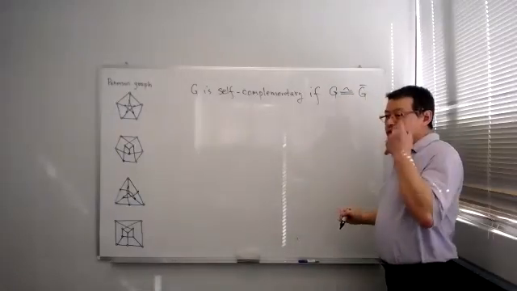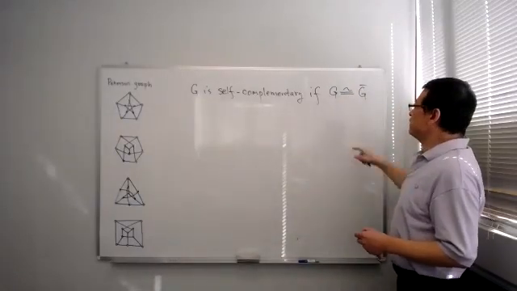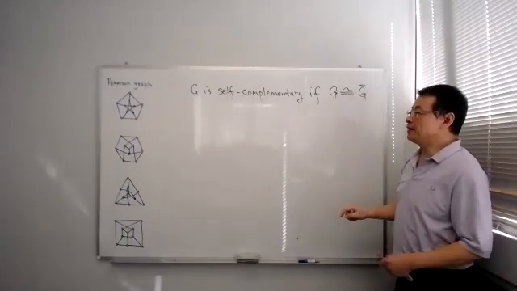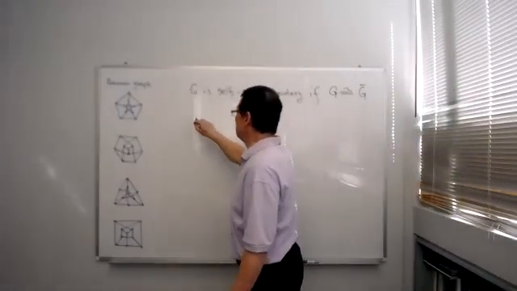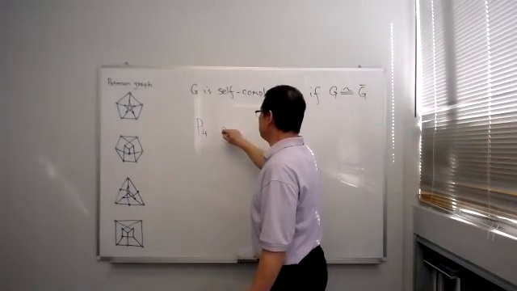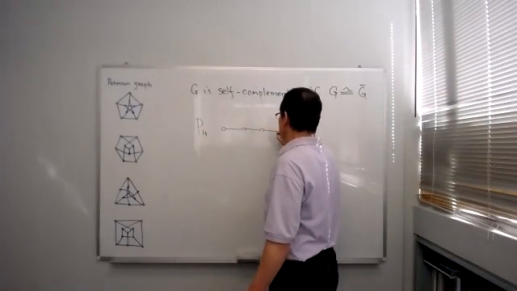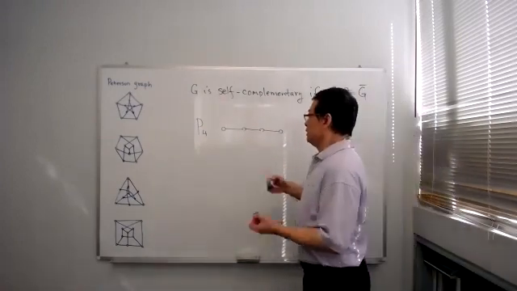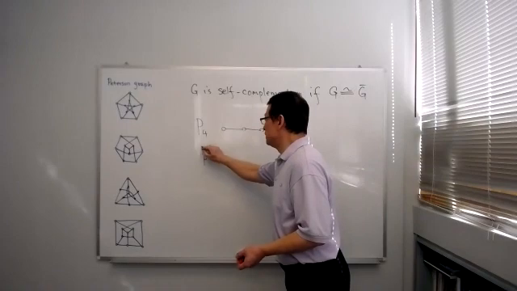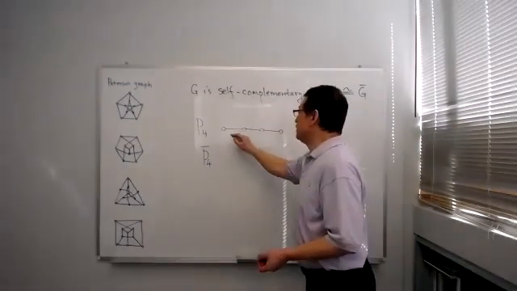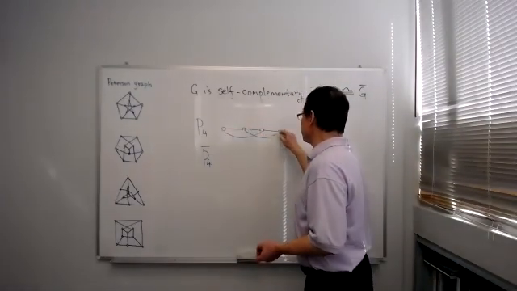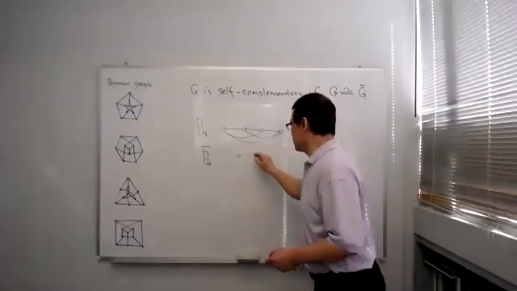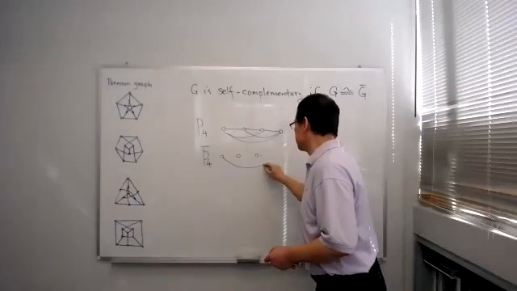A graph is self-complementary if it is isomorphic to its complement. All right. So for example, P4, a path with four vertices. So that's P4. All right. Its complement graph contains the edges not in this graph. So that's the graph we get. If I take it out, the graph looks like this.